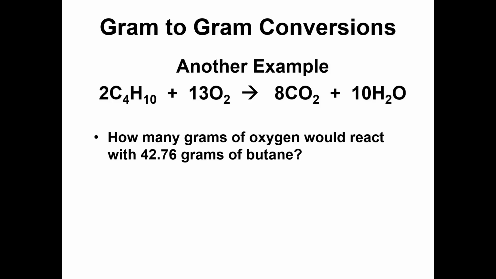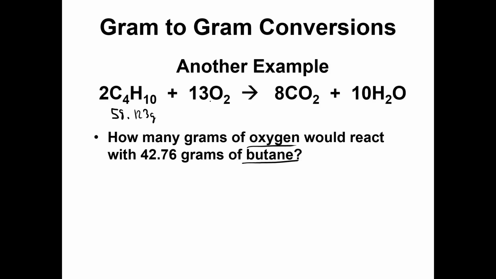How many grams of oxygen would react with 42.76 grams of butane? Well, we already determined that butane has a molecular weight of 58.123 grams, right? So we have butane here, and this time we're going to oxygen.